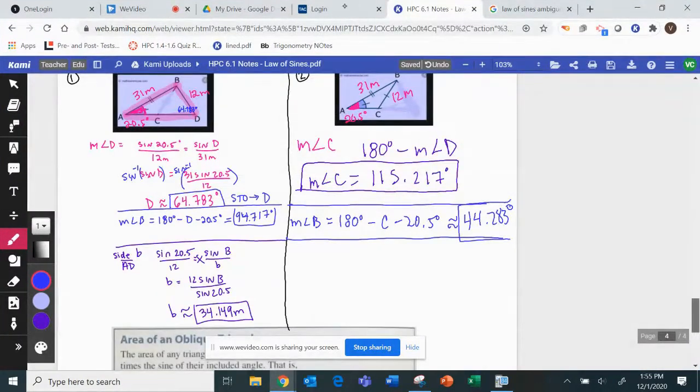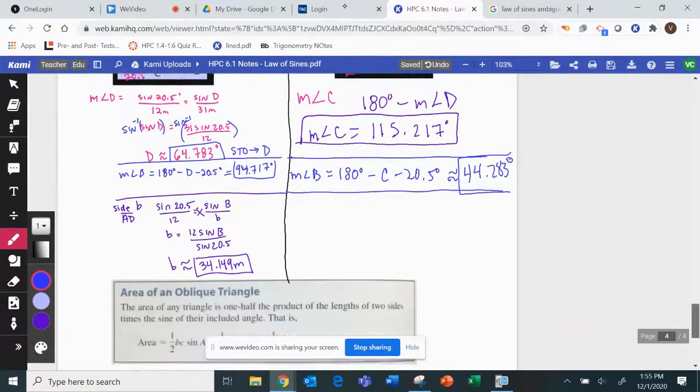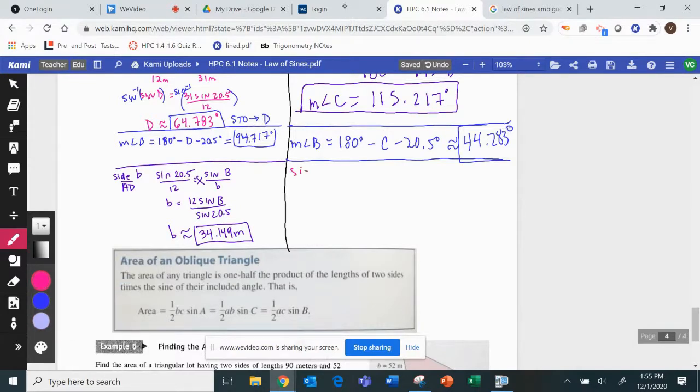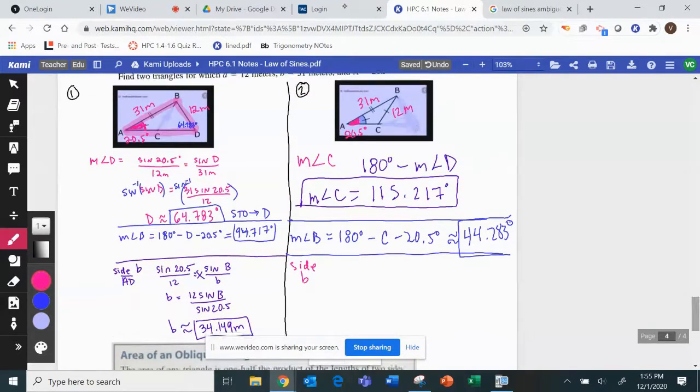And then we will find side B, which for this one would be AC.